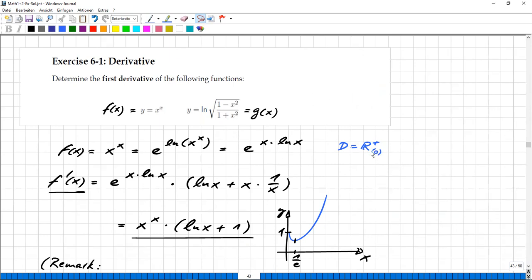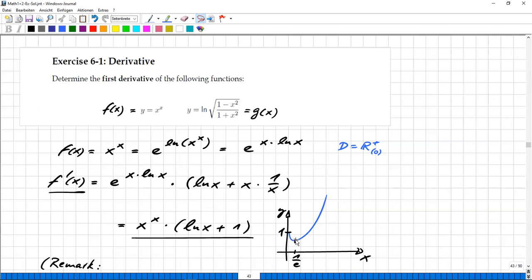But please don't apply it to negative numbers. You might try and do so, but you will get many problems. Just remember, taking a certain root of a negative number, we don't want to go into the complex domain here. We want to stay with real numbers. So it's a good idea to restrict the domain to this one.